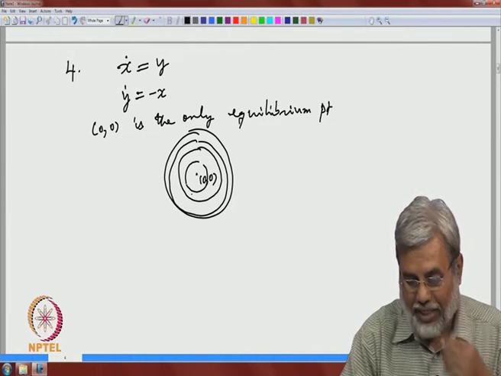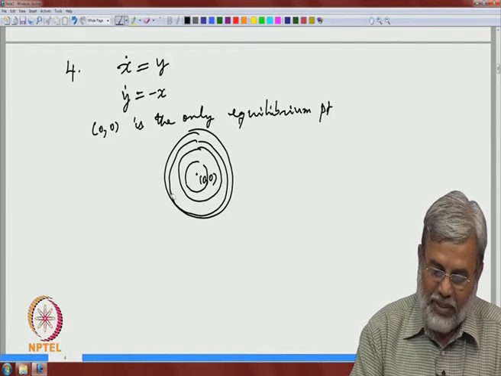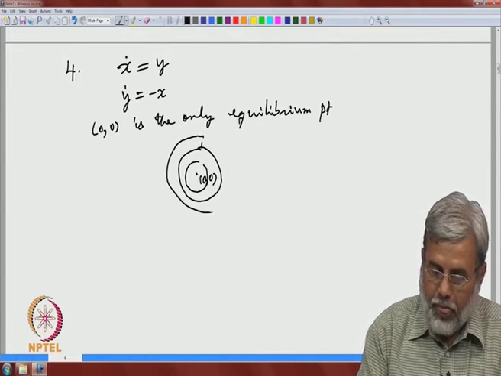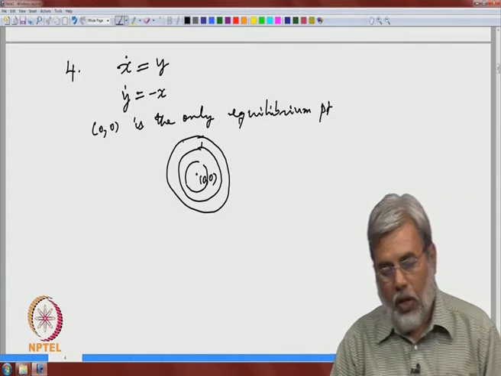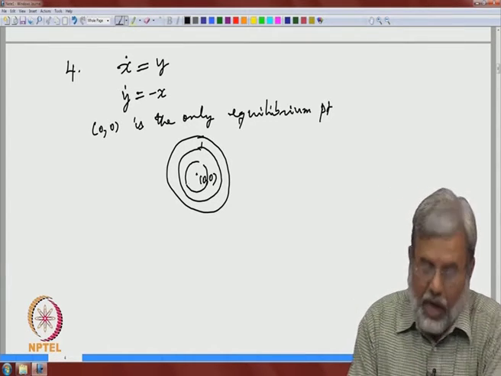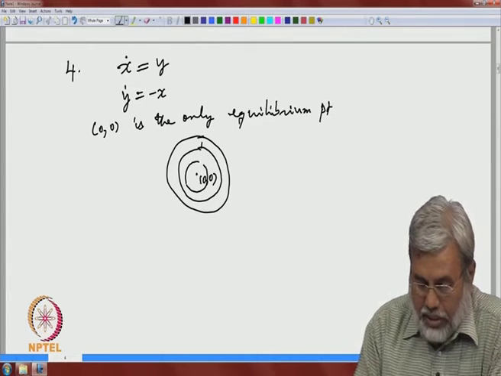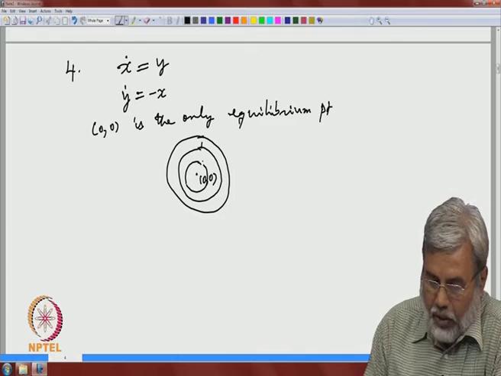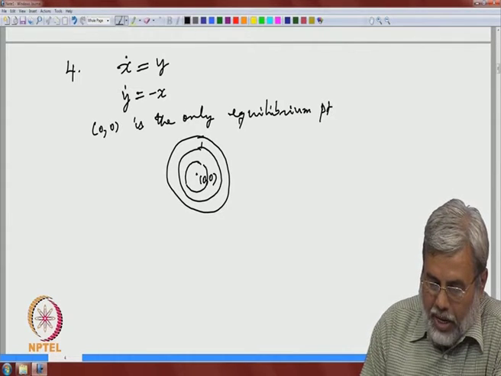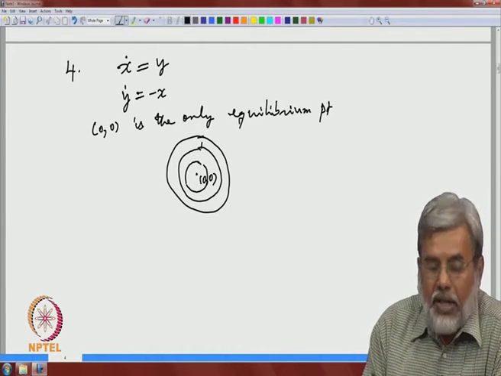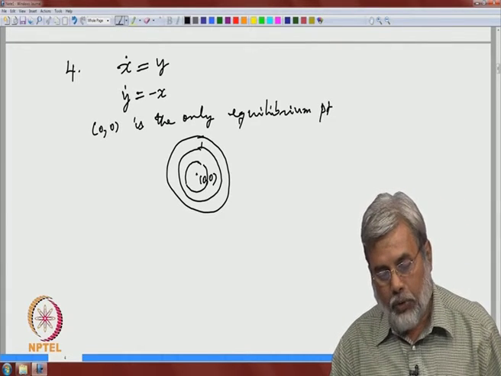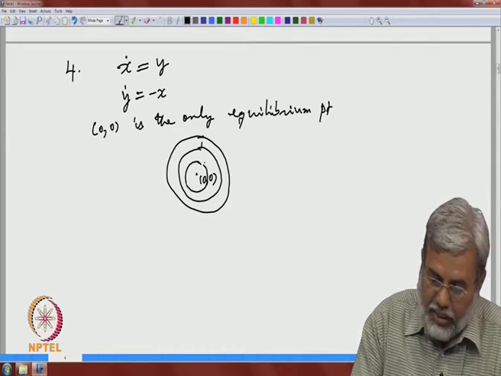Okay. No doubt if you start in a small neighborhood around origin, the positive orbit stays close to origin, but in any case it can never converge to the origin as t goes to infinity, because it always lies on a circle.